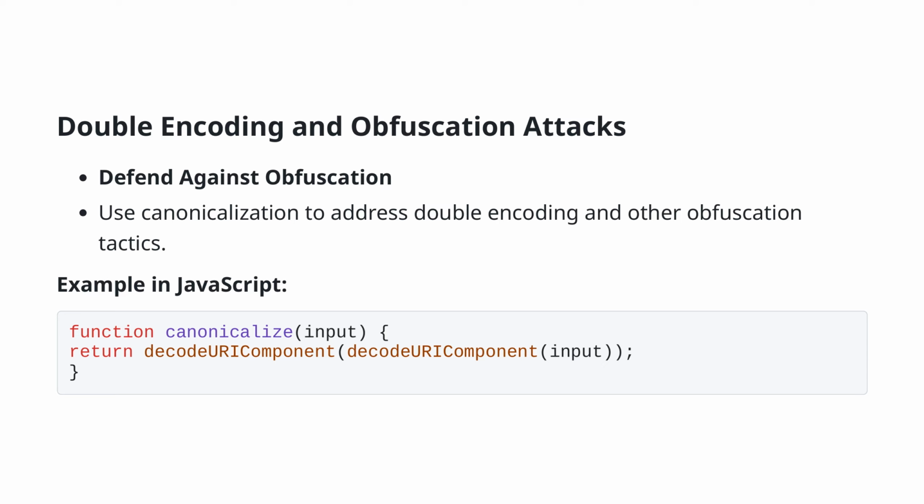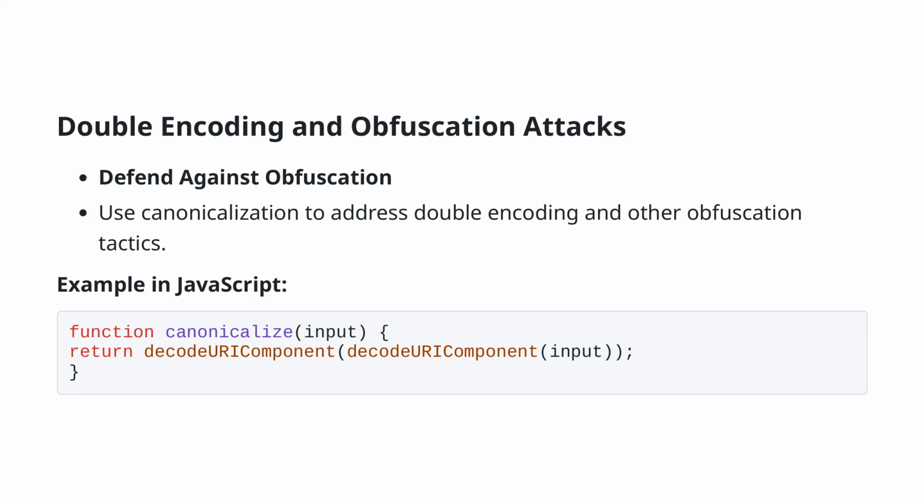In this function, canonicalize, we decode the input twice to ensure that any potential double encoding is addressed. JavaScript: function canonicalize(input) { return decodeURIComponent(decodeURIComponent(input)); }. By decoding the input consecutively, we convert any obfuscated encoded data back to its original form. This way, your validation logic can accurately assess the input and catch any malicious attempts that might have been hidden through obfuscation.